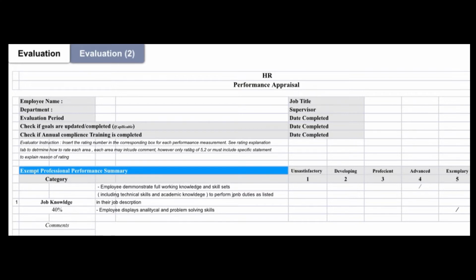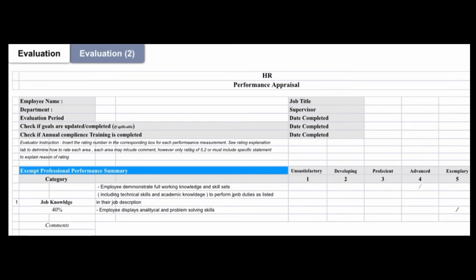For example, in the appraisal form that I show you now, it is simple. It's not too crowded for the evaluator to understand what is inside the form. It starts with the employee details: the name, the department, the job position, who their supervisor is, and the date completed.